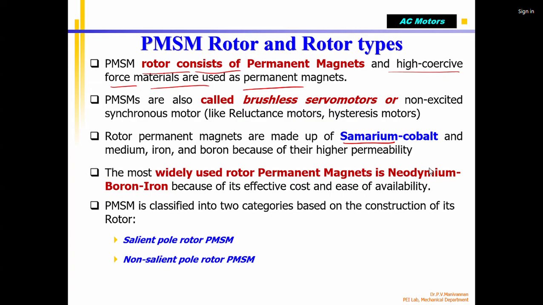So that means your motor size will be one third. Instead of using nickel, steel or iron based core magnets, if you use rare earth material to create a magnet, the size will be 3 times smaller, lightweight, and the flux density will be 3 times more. Higher flux density means that much more power is generated. A small motor will generate 3, 3.5, 4 times more torque and power compared to a conventional DC motor or AC motor.